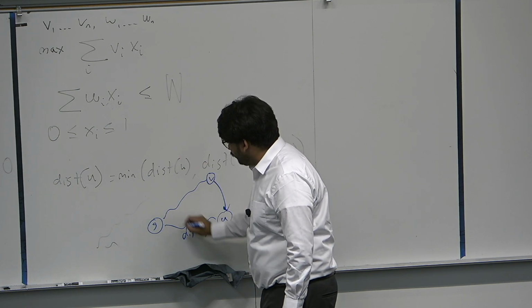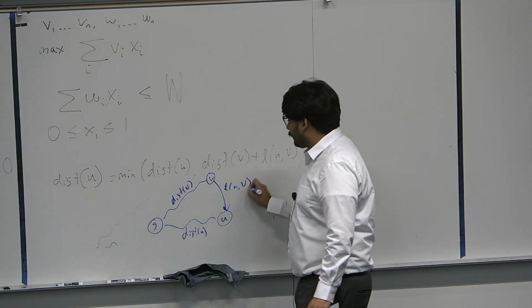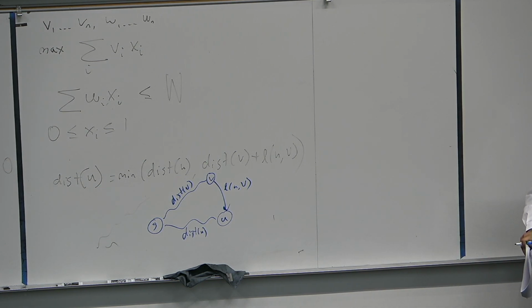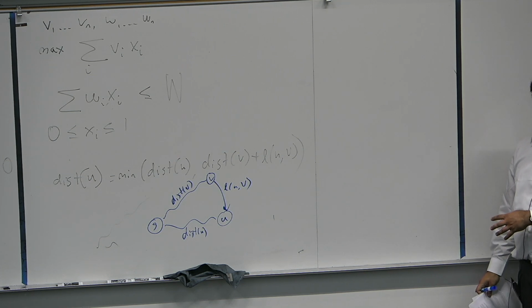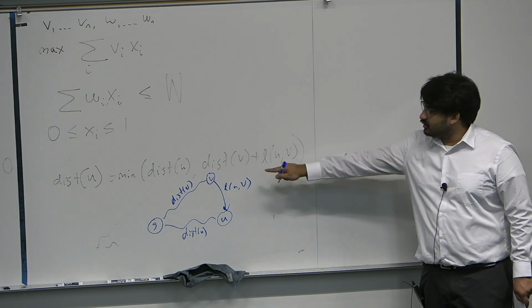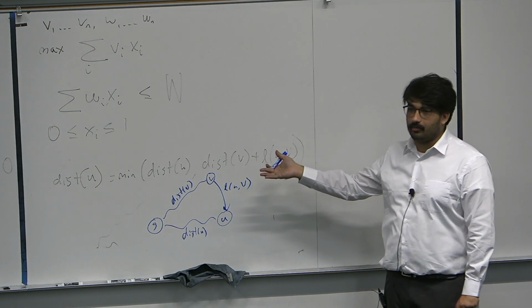So this is dist(u), this is dist(v), and this is l(u,v). Iterating over the graph in that way will, in the right way, get you the single source shortest path for every s. Is this coming back to us? This is linear. That's a sum. There's no squares or square roots. So in fact, we can represent this whole thing as a linear program, right?